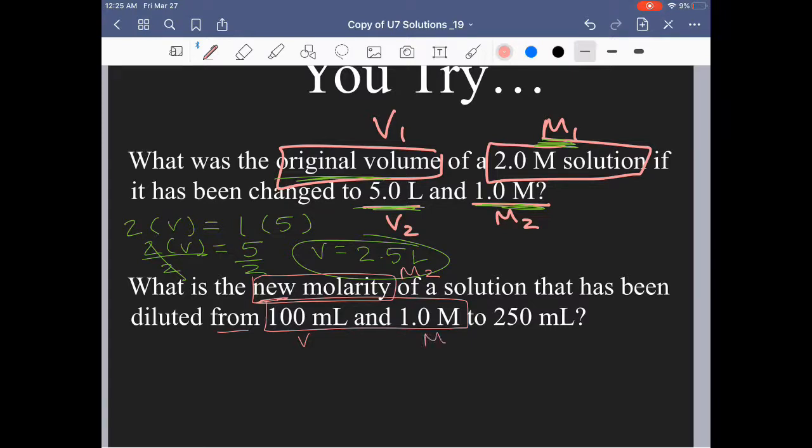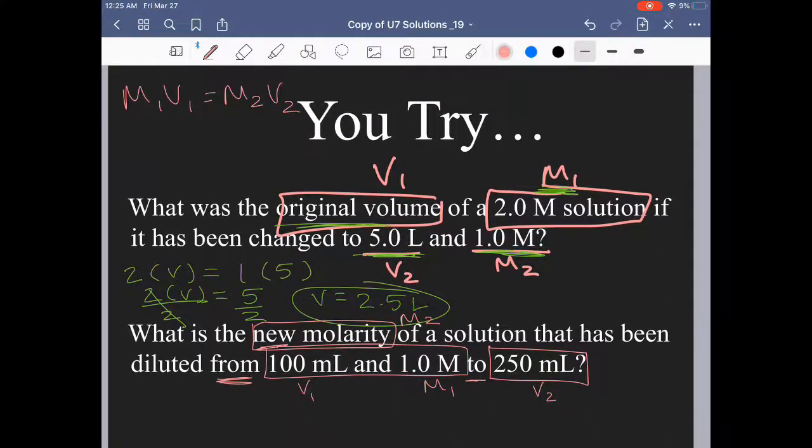So there is my M1 and V1. And I diluted it to 250 milliliters. So that's what I changed it from. I went from 100 to 250. So there's our V2.